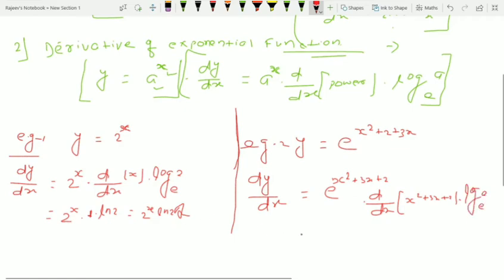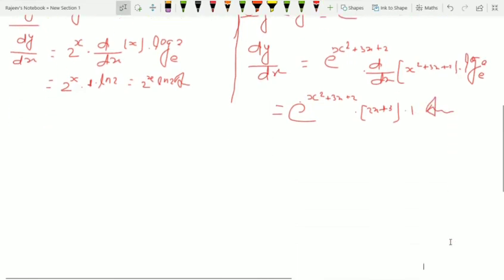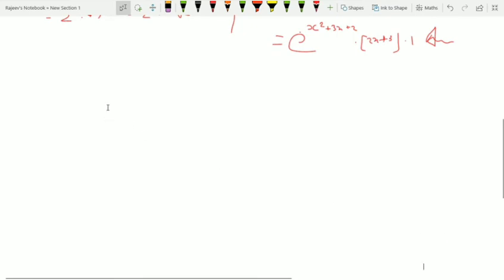See here, this result is coming: e raised to power x square plus 3x plus 2 into the differentiation, which will be 2x plus 3, and log e of e becomes 1. So this will be our answer. This is the method to differentiate the logarithmic, exponential function.